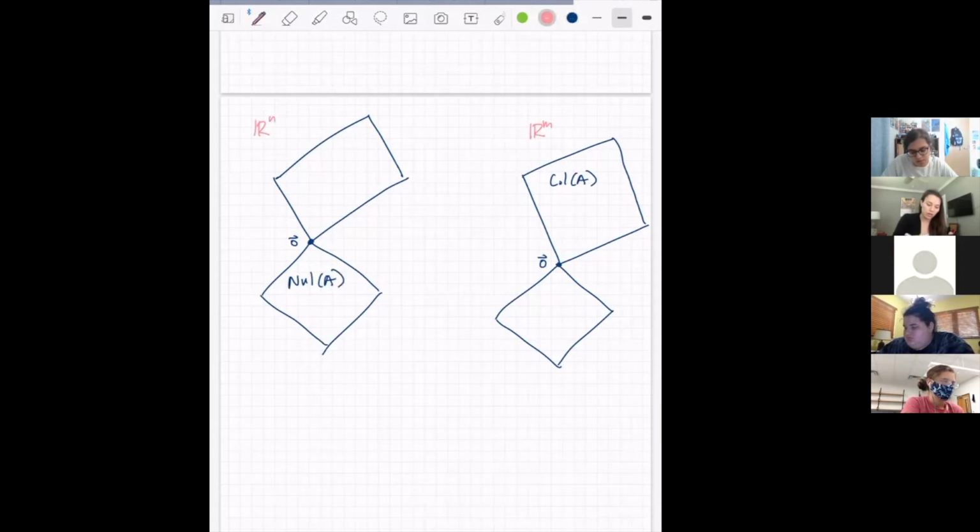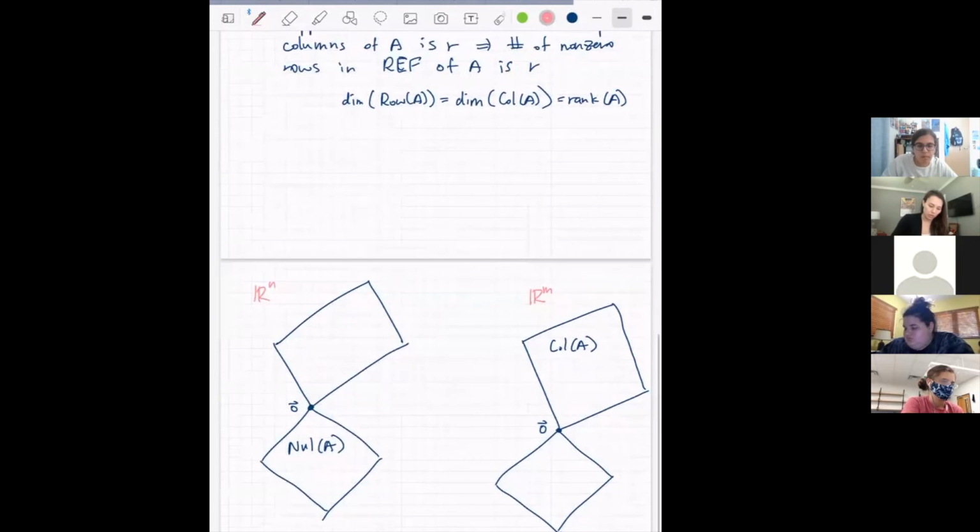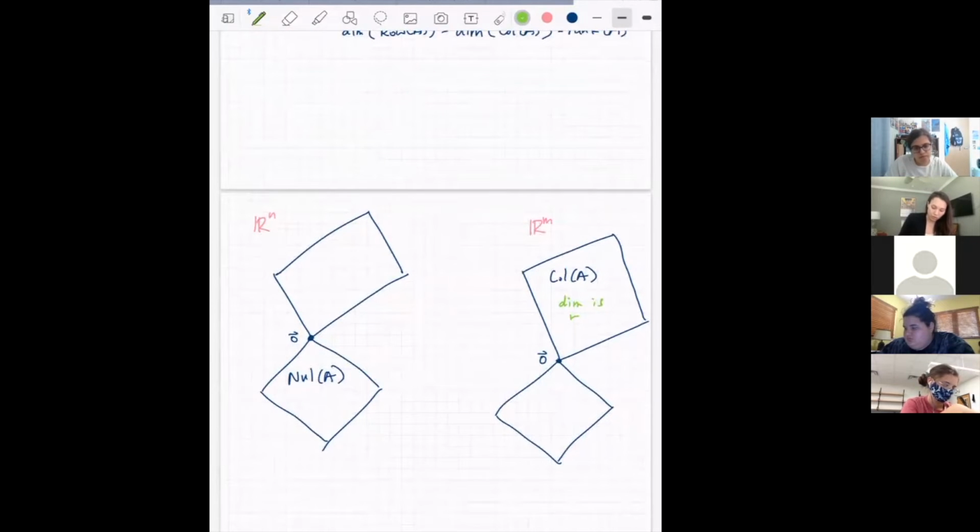We'll assume the dimension of the column space is this number R. The dimension of the null space by the rank nullity theorem is n minus R. Then in Rn is the row space of A, and its dimension is also R, just like the column space.